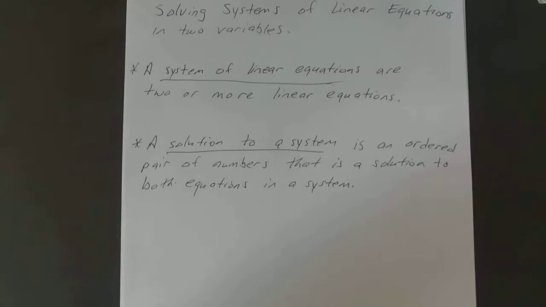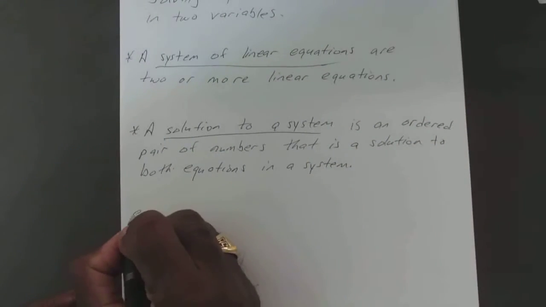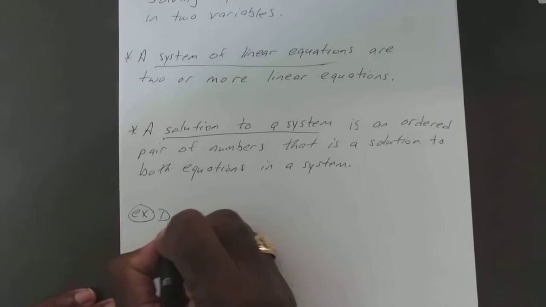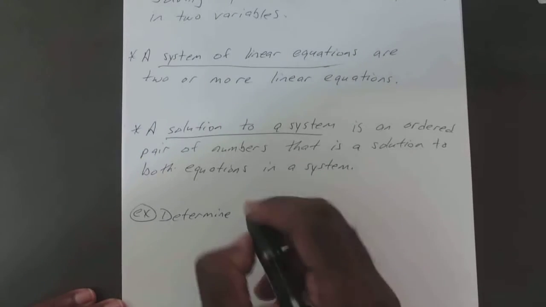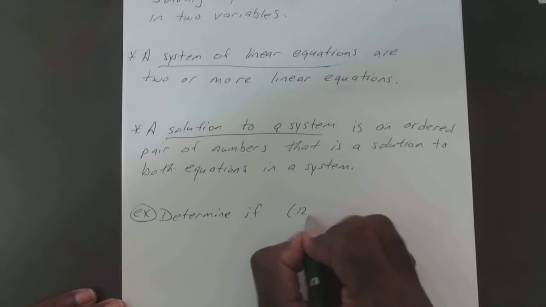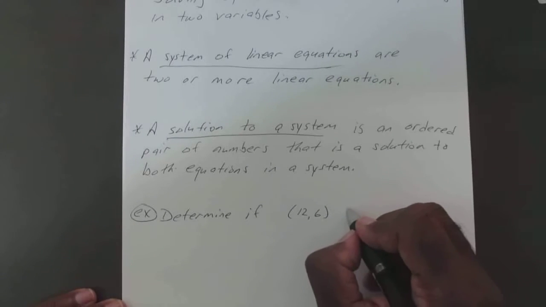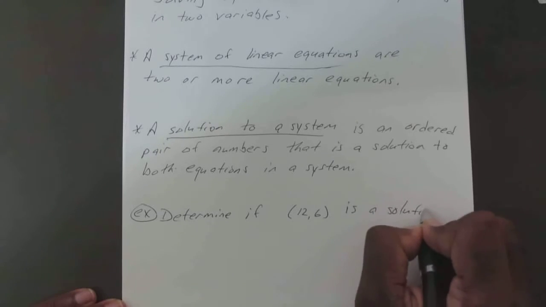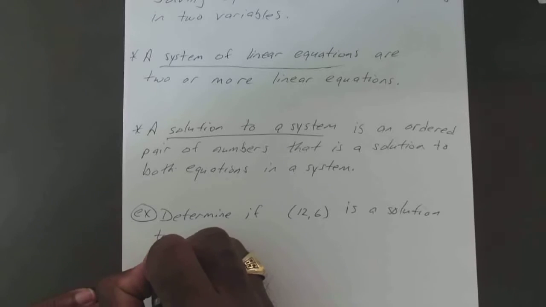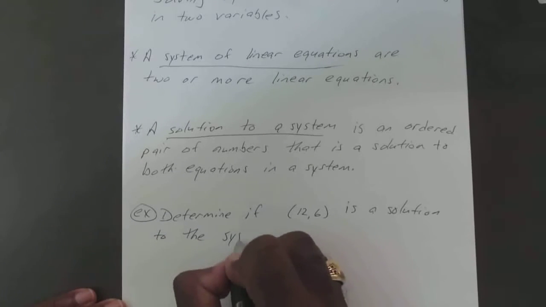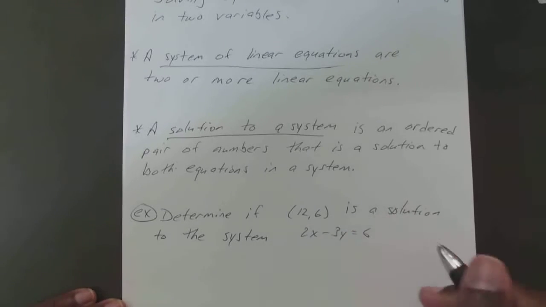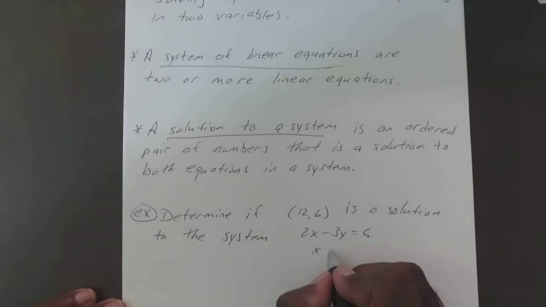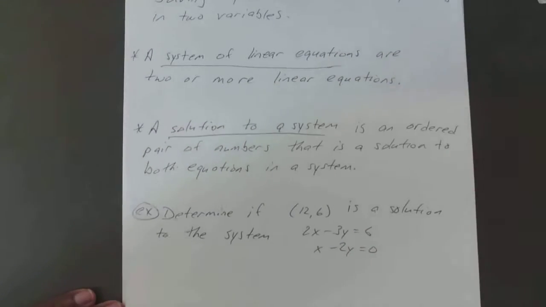Okay, so let's say, for example, determine if 12, 6 is a solution to the system 2x minus 3y equals 6 and x minus 2y equals 0.